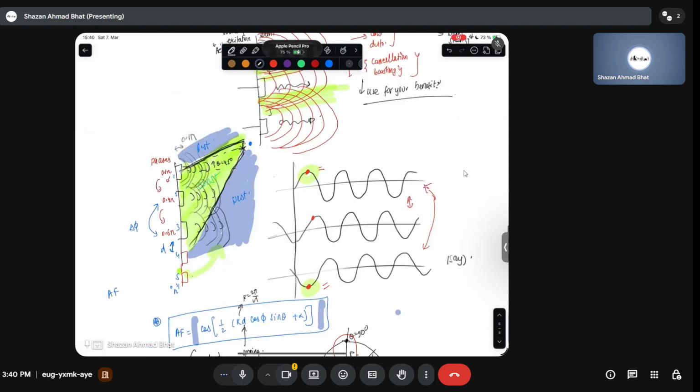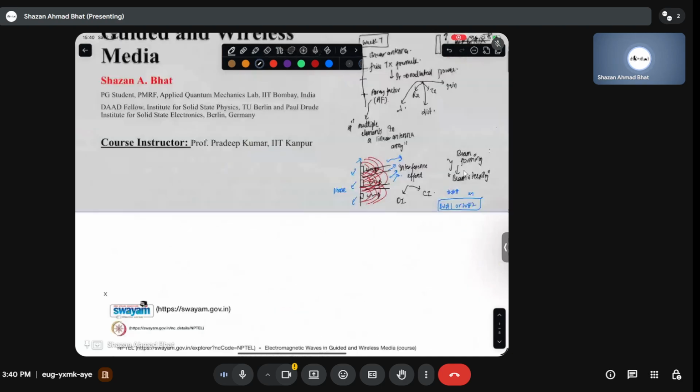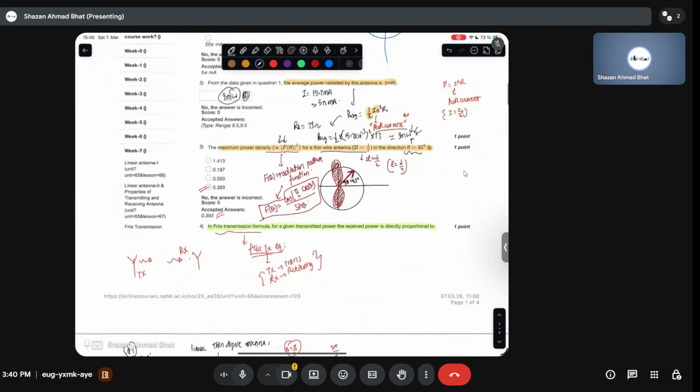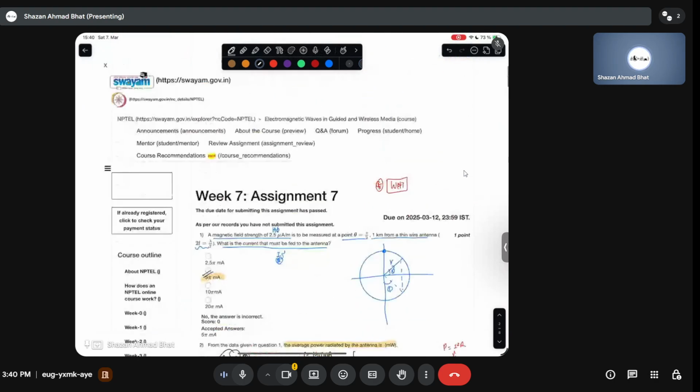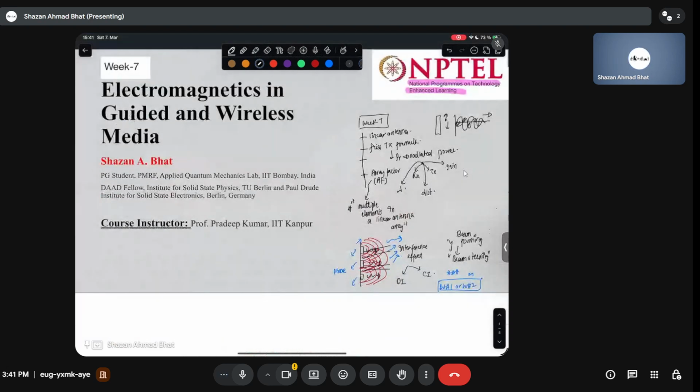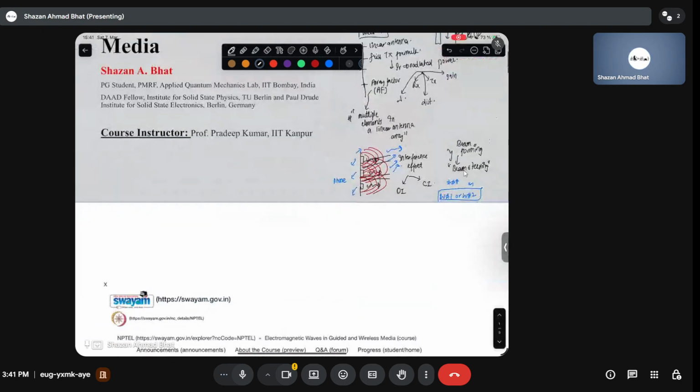And essentially we are done with this particular session, which is very short because the questions were pretty much straightforward, depending upon the formulas and certain concepts I discussed. In the next week, which is week 8, I will be talking about lasers.